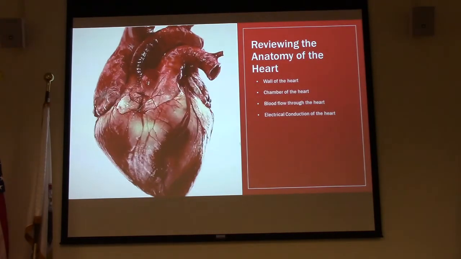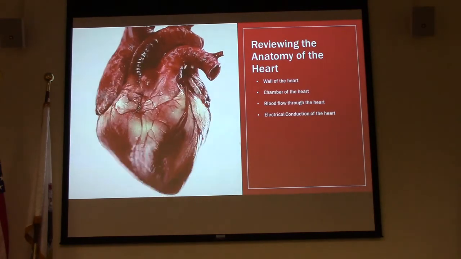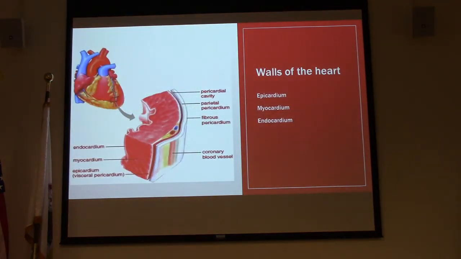We're going to talk about the different walls, chambers, and how the blood flows through the heart and the electrical conduction. Now, when you see ST segment elevation, or you think someone is having a STEMI, the myocardial wall is the wall that is being affected at that point in time. How much damage is done to the heart determines how quickly you start the medication and how quickly we get them to a cath lab.